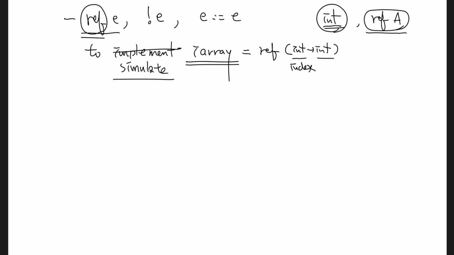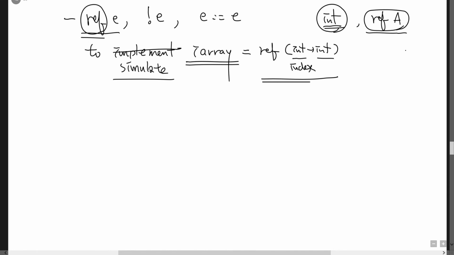So this integer array is simulated as reference into arrow int.